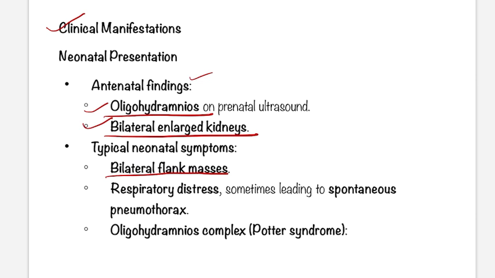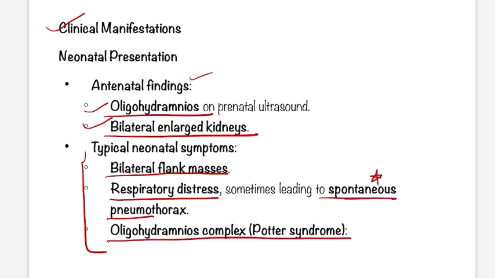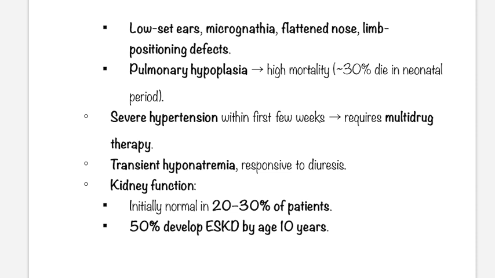When the newborn is born, what are the neonatal symptoms? Bilateral flank mass, and respiratory distress leading to spontaneous pneumothorax. This is very much important. The oligohydramnios complex, that is Potter syndrome, is seen.